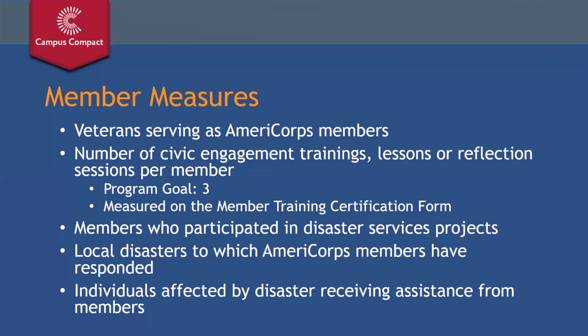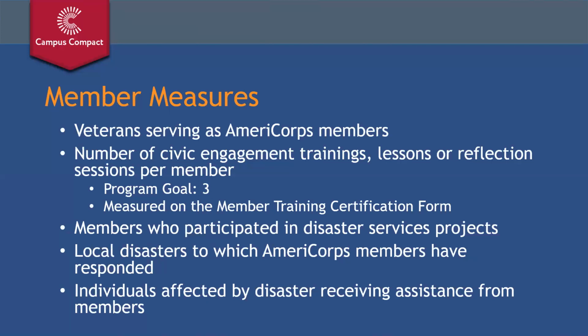In the area for member measures, this is really information about the members that are serving in the project. So if you happen to have any of our AmeriCorps members who are veterans serving in this program, CNCS would like to know that. We also want to know the number of civic engagement trainings, lessons, or reflection sessions that are delivered per member.